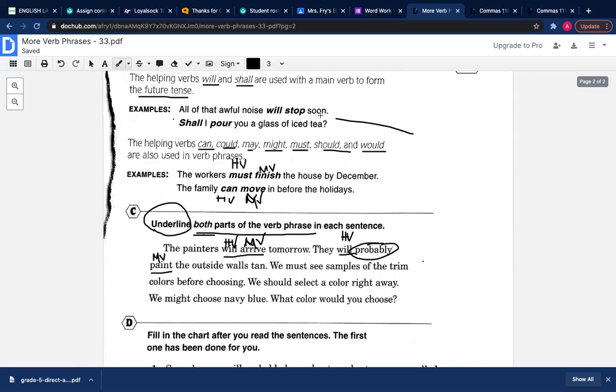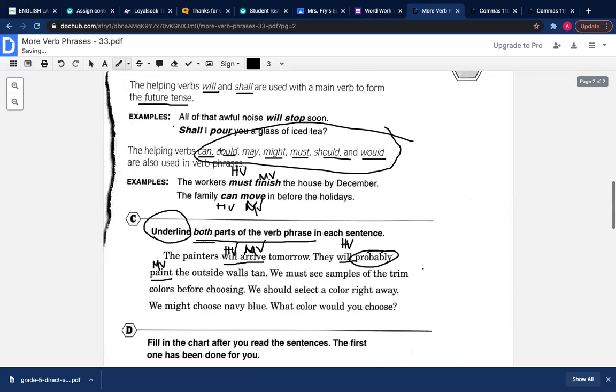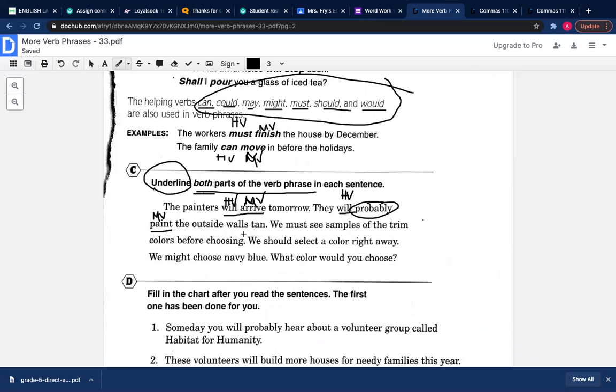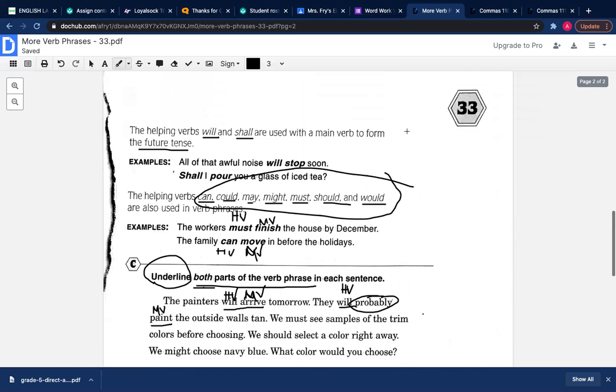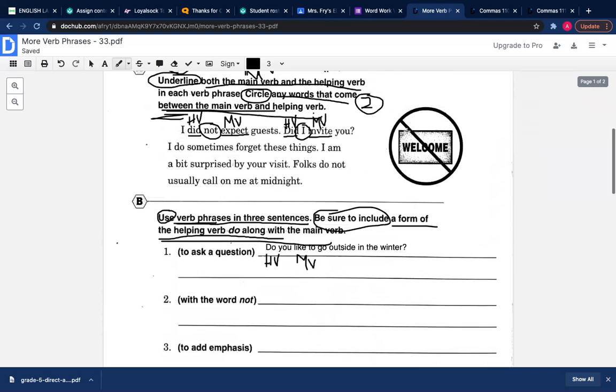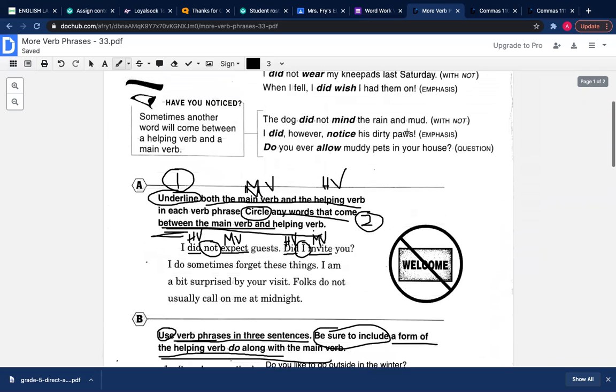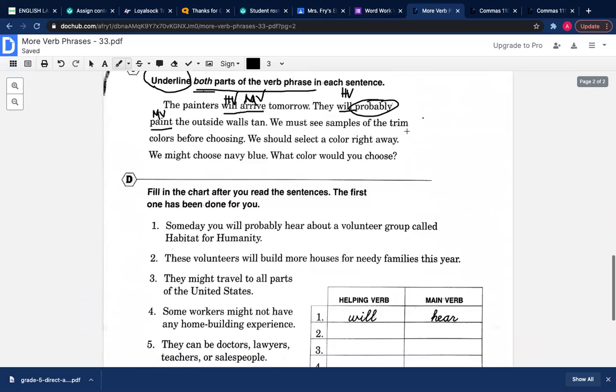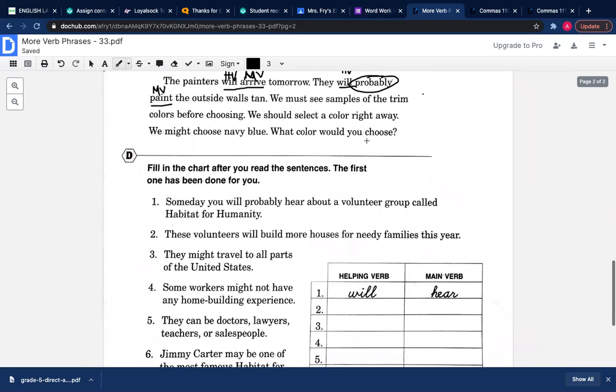Look up here and keep an eye here because all of these can also be helping verbs. So if you see one of these words, can, could, may, might, must, should, or would, in addition to the ones that we've already talked about, like did, or do, or will, for example, then you need to pay attention to those as well.